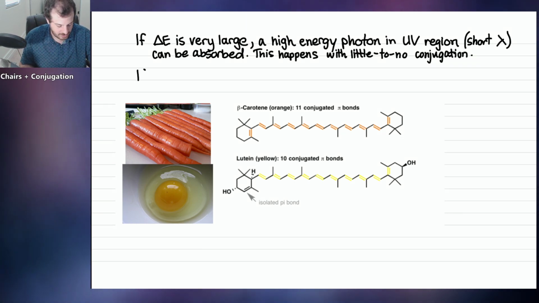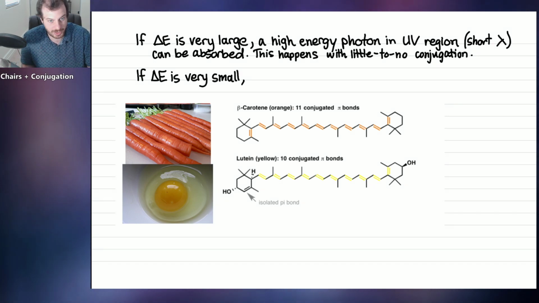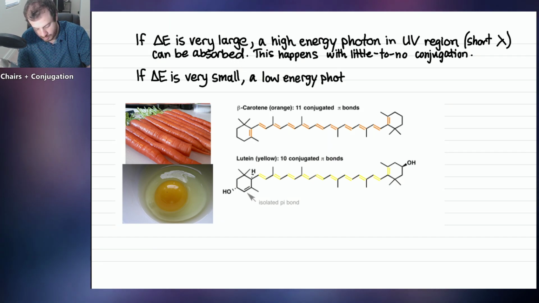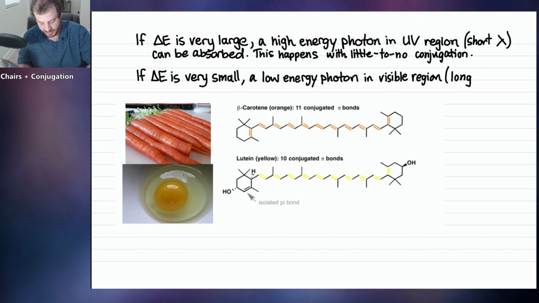Okay. On the other hand, if delta E is very small, a relatively low energy photon, such as visible light, that is a long wavelength, can be absorbed.